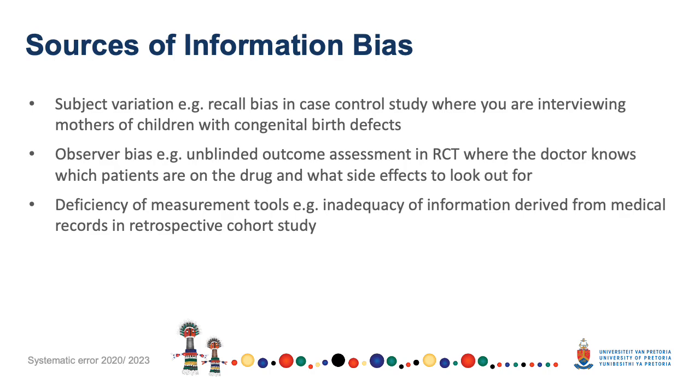And then you may have deficiency in the measurement tools. For example, the information that's written down in the medical records, especially in non-teaching hospitals, may be very, very inadequate and may also lead to bias due to omissions or even to incorrect statements written there, perhaps by a junior staff member.